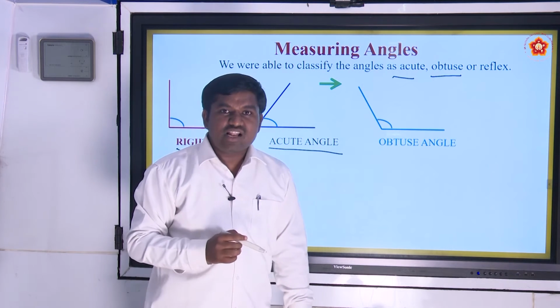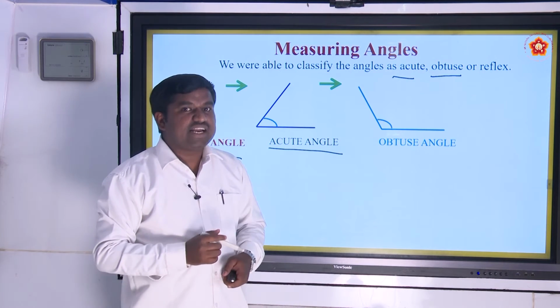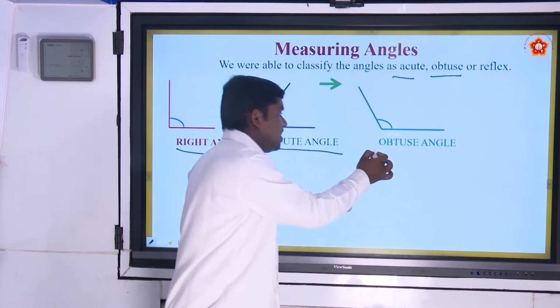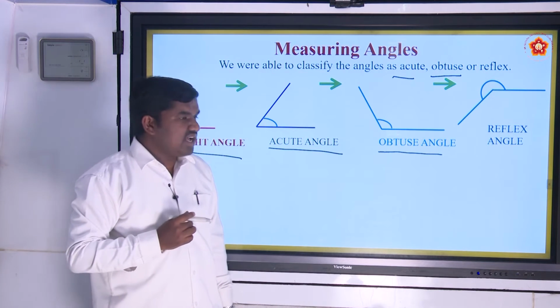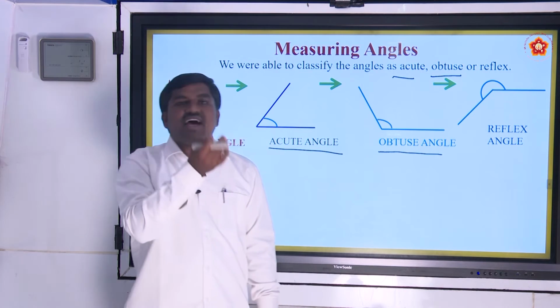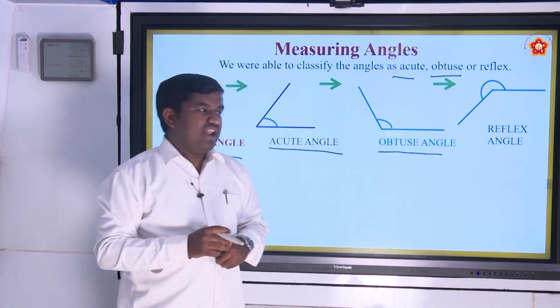Next, the angle which is greater than the right angle and less than the straight angle is called an obtuse angle. Last one, the angle which is greater than the straight angle is called a reflex angle.